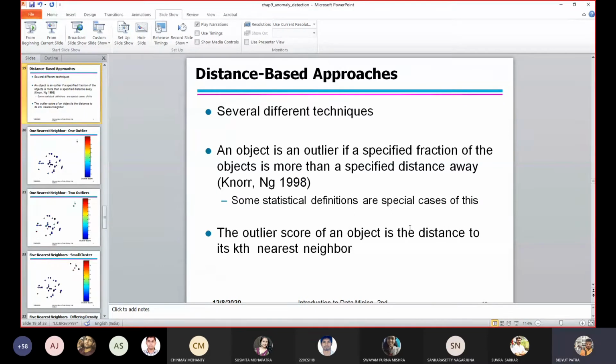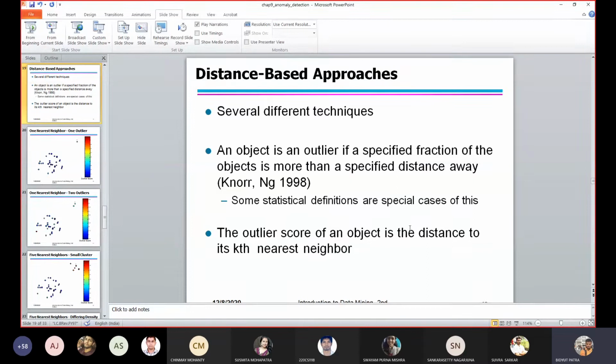Now coming to 1998, that is the distance-based approach. There are several techniques for the distance-based approach, but in 1998, Knorr proposed a technique that is maybe an extended version of the statistical approach. He gave the definition that an object is an outlier if a specified fraction of the objects is more than a specified distance away.